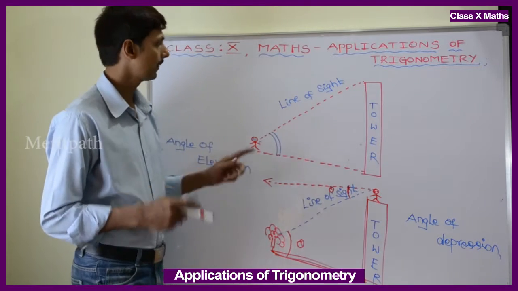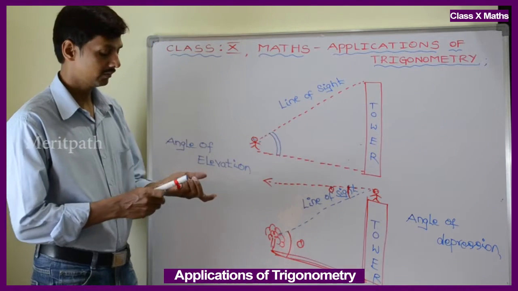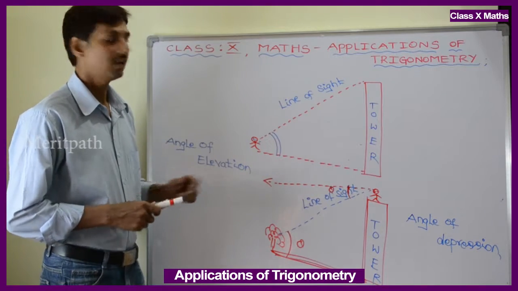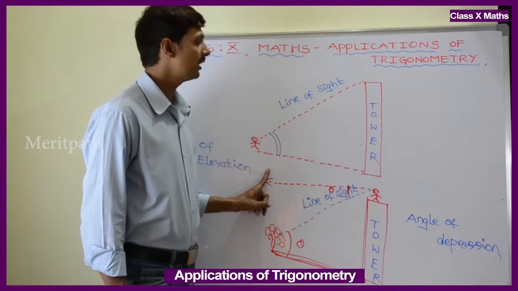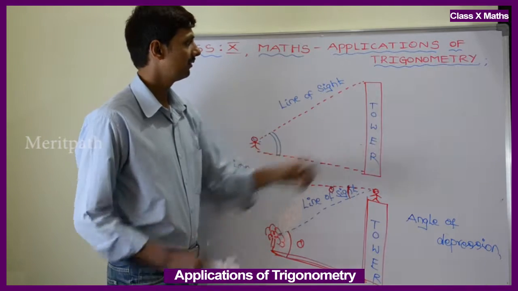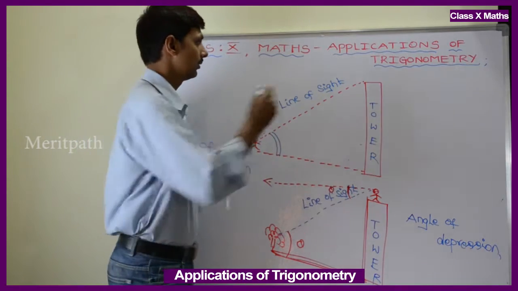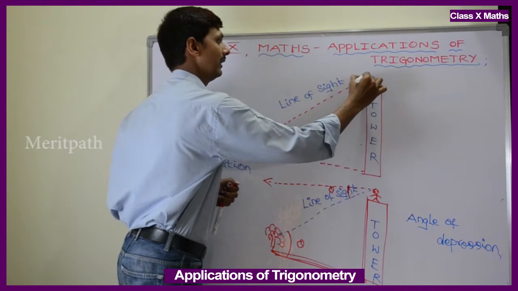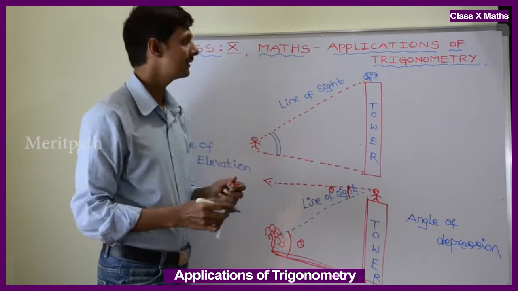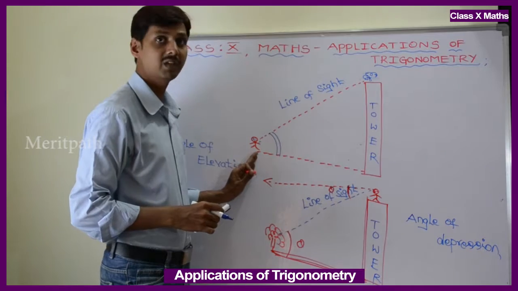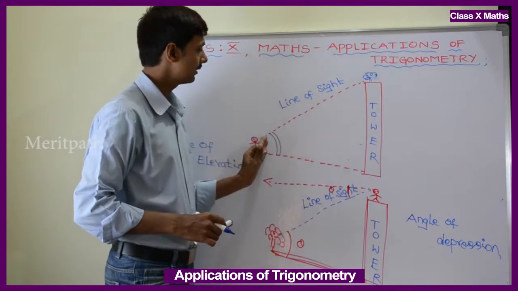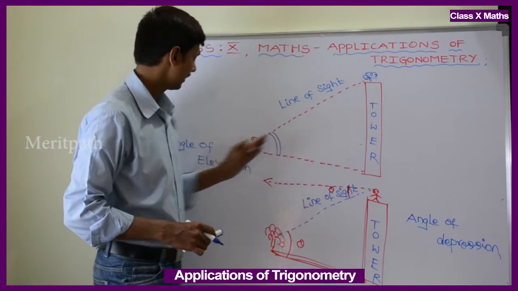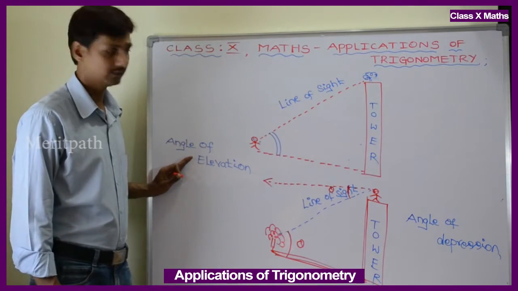Before that, let us recall this. An observer is observing an object which is above his eyesight. This is called the line of sight, and the angle is called the angle of elevation.